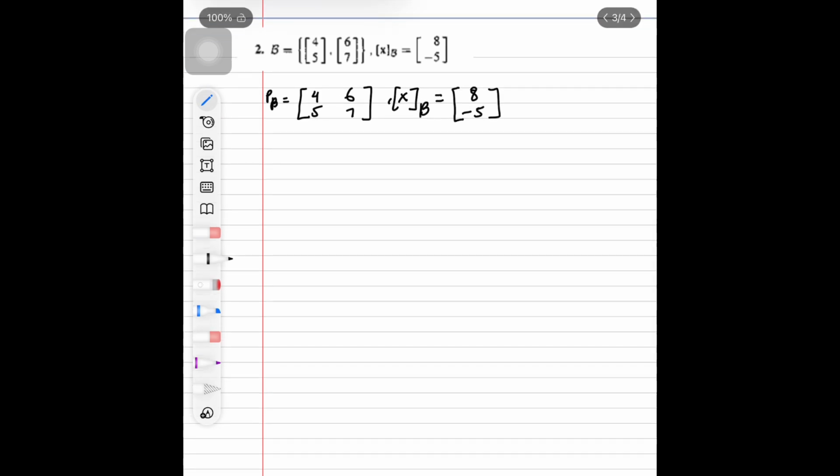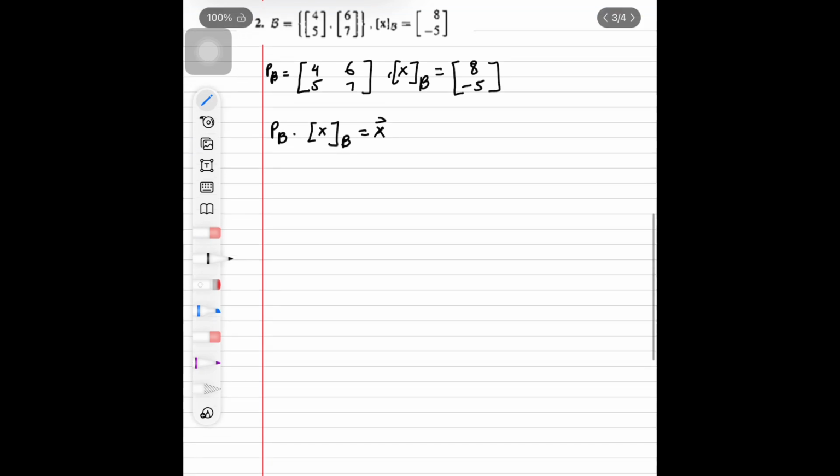So we have the equation P of B times the coordinate vector equals x. Let's put it together: 4, 6, 5, 7 times 8, negative 5 equals x.